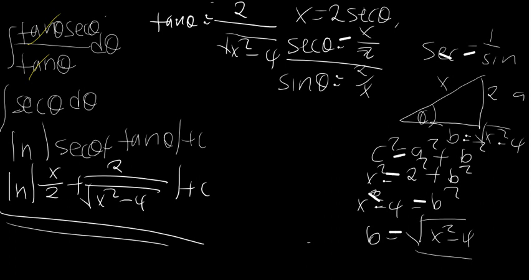Okay, let's work out the last example. We see how we can do it. Trig substitution is very simple, only if you know what to do. So the last example, which we're supposed to solve, is the integral of 1 divided by 16 minus x squared dx.